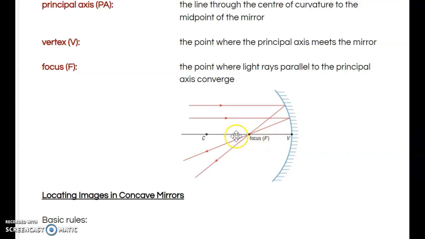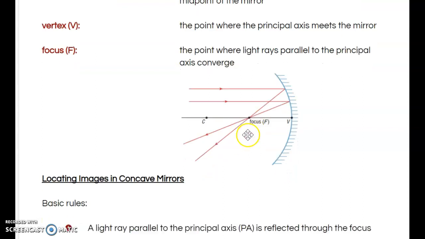The focus is where all the light rays coming from infinity, from way over here, that run parallel to the principal axis, will bounce, reflect and converge. That's why it's called a converging mirror: they converge at the focus.